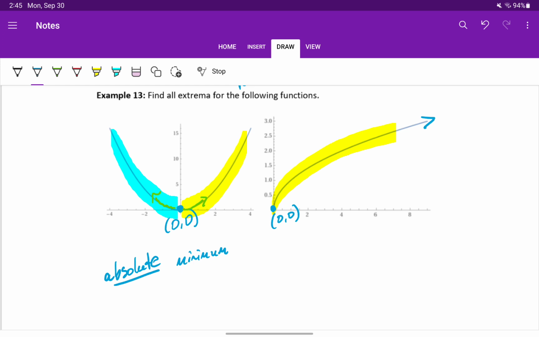Since the graph doesn't continue on to the left, there are no function values that dip below 0. We again have an absolute minimum at the point (0, 0).